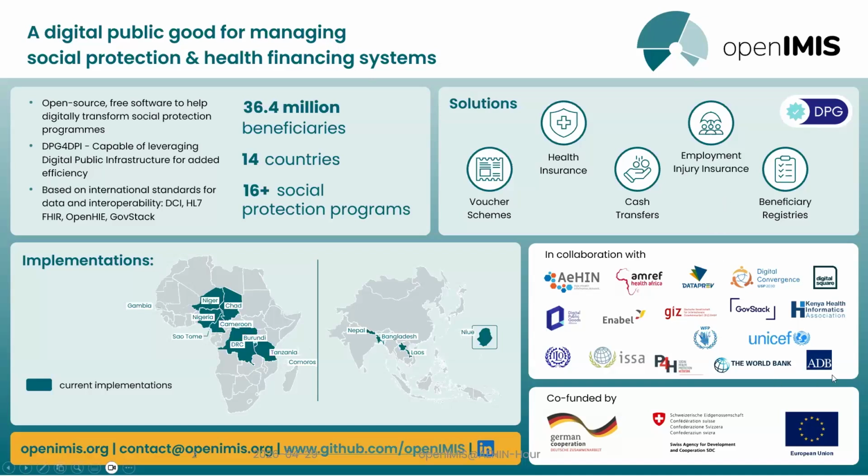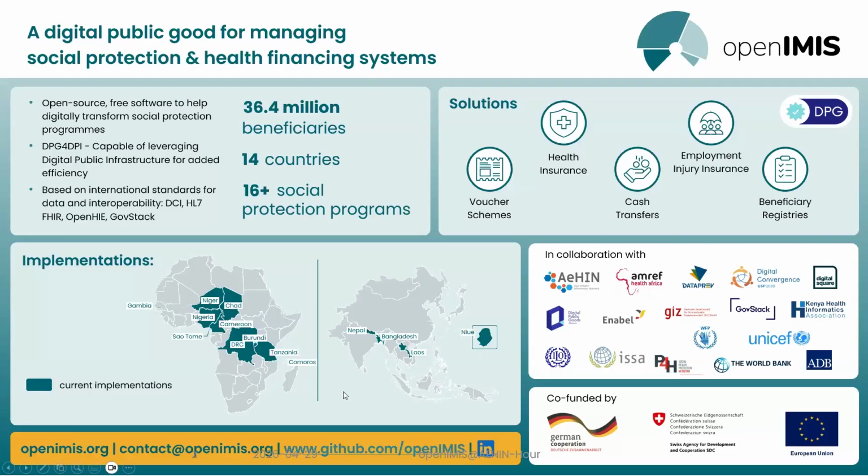And we are also collaborating with a lot of partners globally, like international organizations, which can serve as funders for the openIMIS initiative, but which are also serving as funders for implementations in countries. So it's not GIZ or the German government that is funding all those implementations.